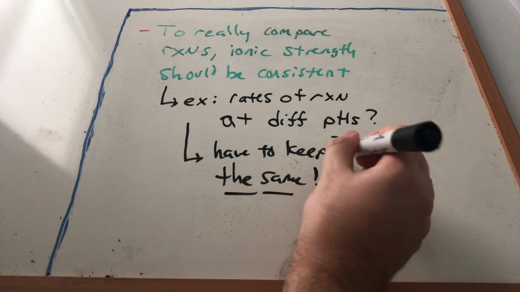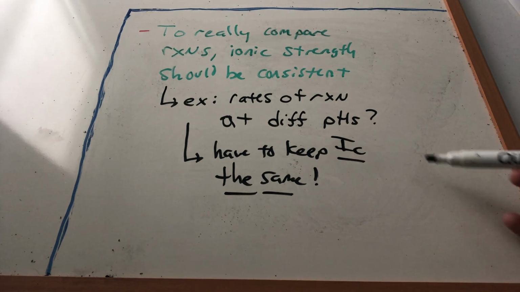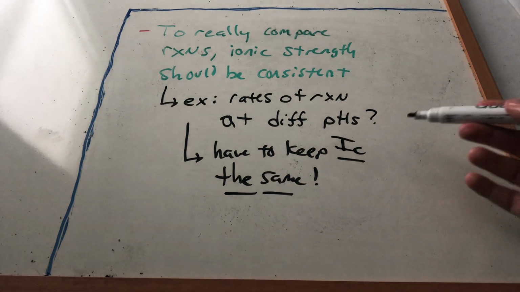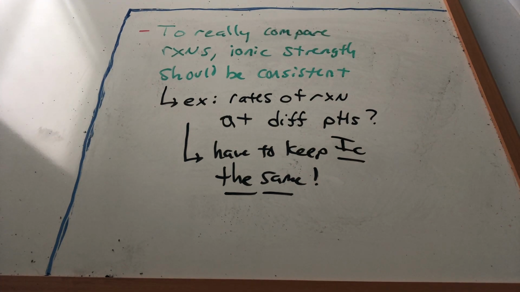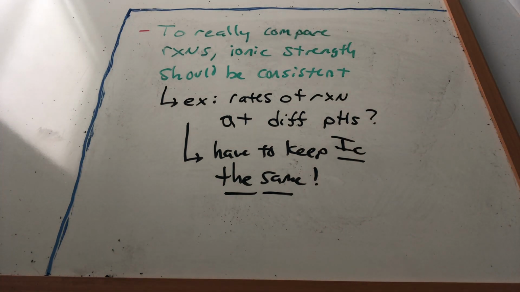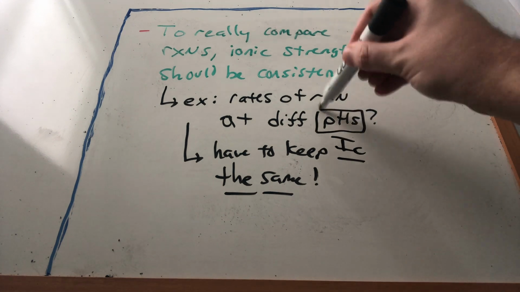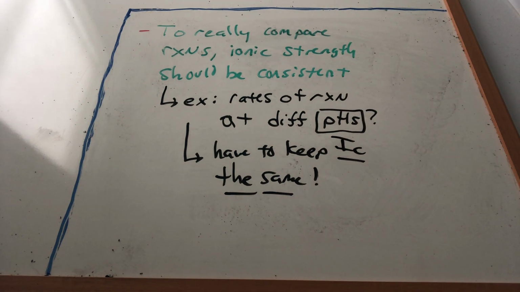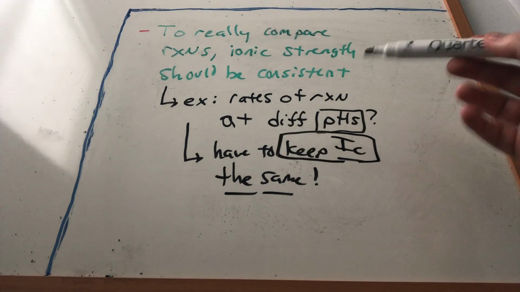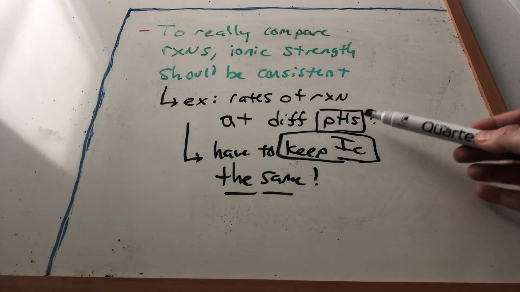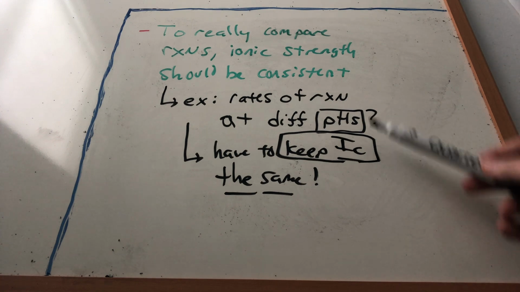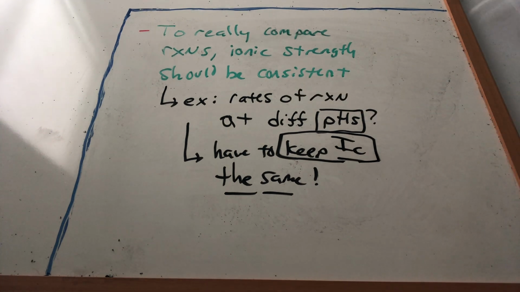So think about that. We know that IC affects gamma, so it's going to affect pH. But I want to run a reaction at pH of 1 and see what the rate is. And then I want to run the same reaction at pH of 2 and see what the rate is. If you're going to isolate the effect of pH in that situation, you have to make sure you keep IC the same. Because if I just change the pH without keeping IC the same, there could be other effects affecting the rate, not just pH.